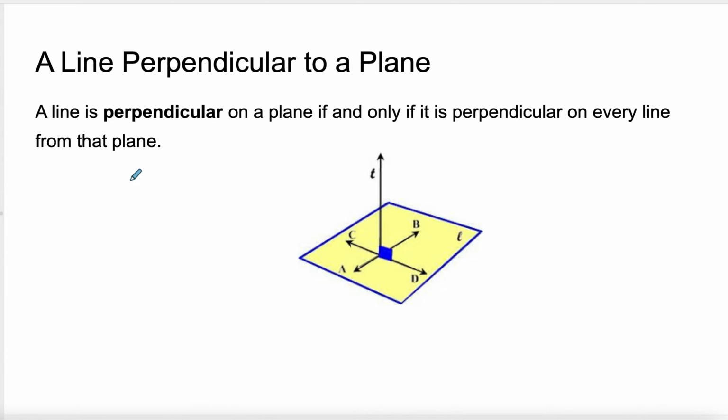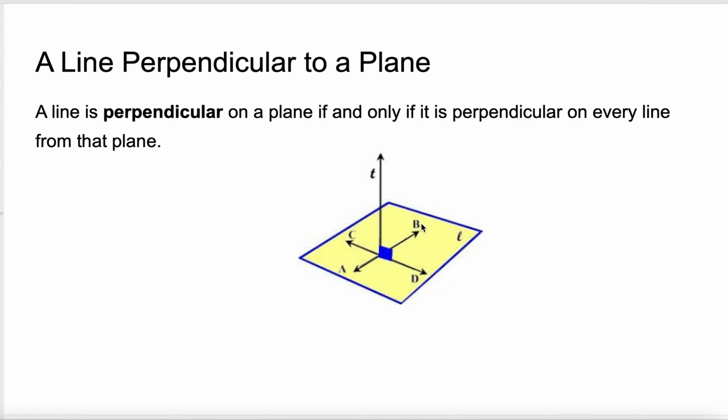Okay, and also a line is perpendicular to a plane if and only if it is perpendicular to every line from that plane. Lines there on this yellow plane, again, planes can be extended in any directions.